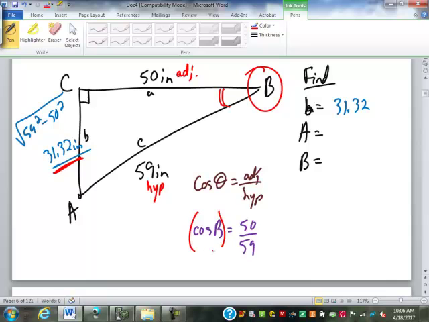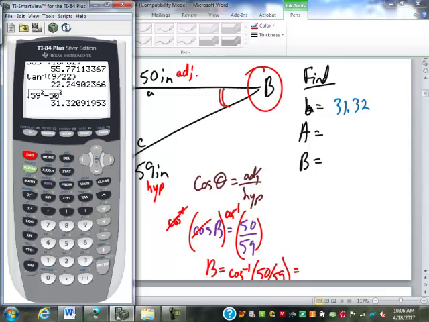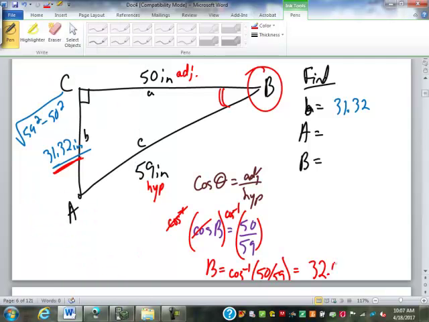And since we are looking for the angle, it's going to be an inverse trig function, so inverse cosine. So B equals the inverse cosine of 50 over 59. So second cosine 50 divided by 59. 32.06. So that is 32.06 degrees.